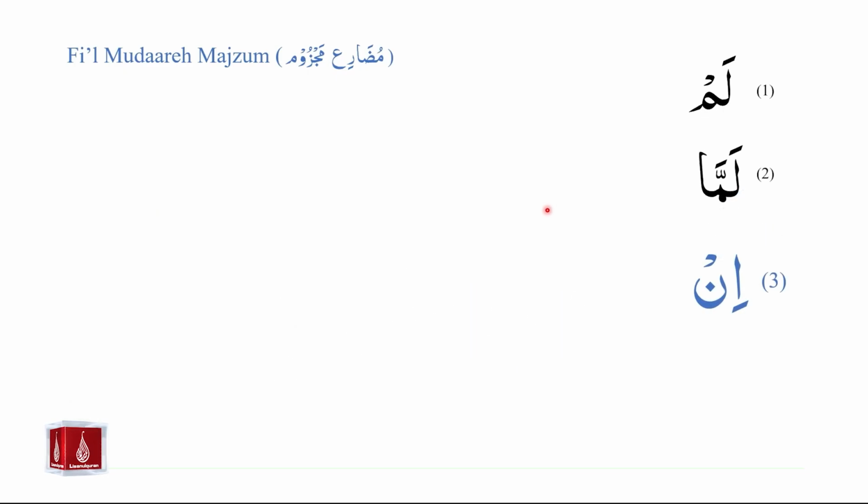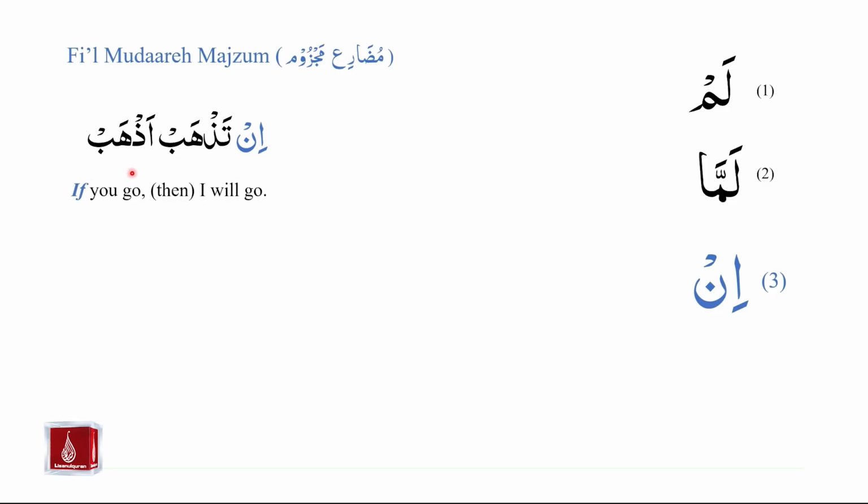The third harf that comes before fi'il mudari and makes fi'il mudari majzoom is in. In creates the meaning of if. Let us look at the following example. In tazhab, azhab. The literal translation of in tazhab, azhab can be: if you go, then I will go.